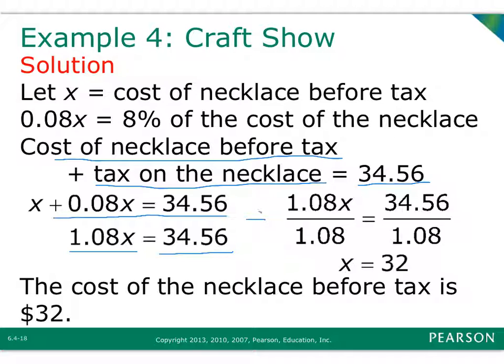Now we divide both sides of the equation by 1.08 to isolate x, and we get x is equal to $32. So the cost of the necklace before tax is $32.